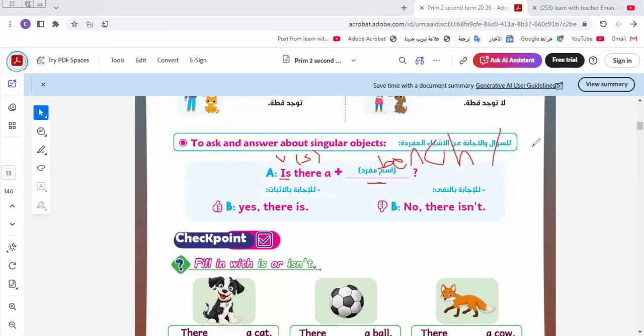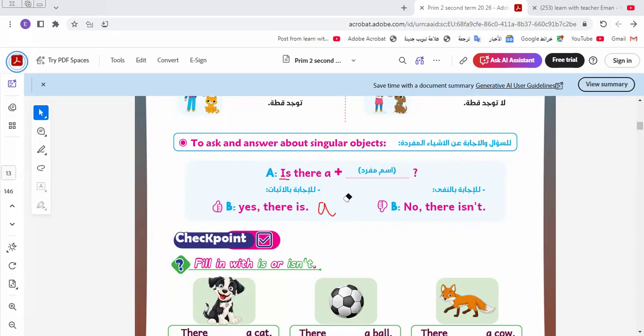Is there a bird? Is there anything? We ask about something and answer the yes/no question with yes, there is, or no, there isn't, in the negative form. A means affirmative form, and N means negative form. Let's continue the rest of the unit here.